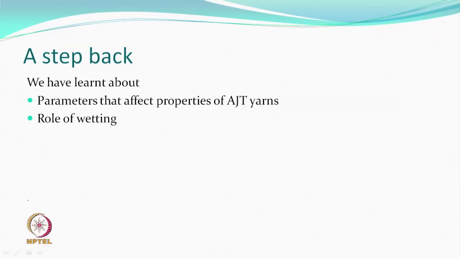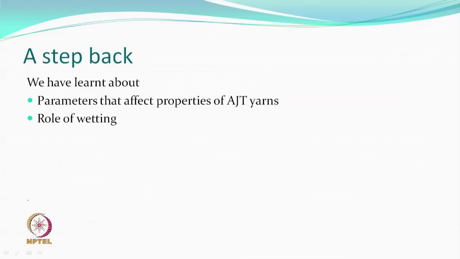Till now, we have learnt about various parameters that affect the properties of air jet textured yarns. In addition, we have also learnt the role of wetting, which was that it always, in all cases, reduces instability, and that was because the tension at the exit of the yarn is always high because of wetting.